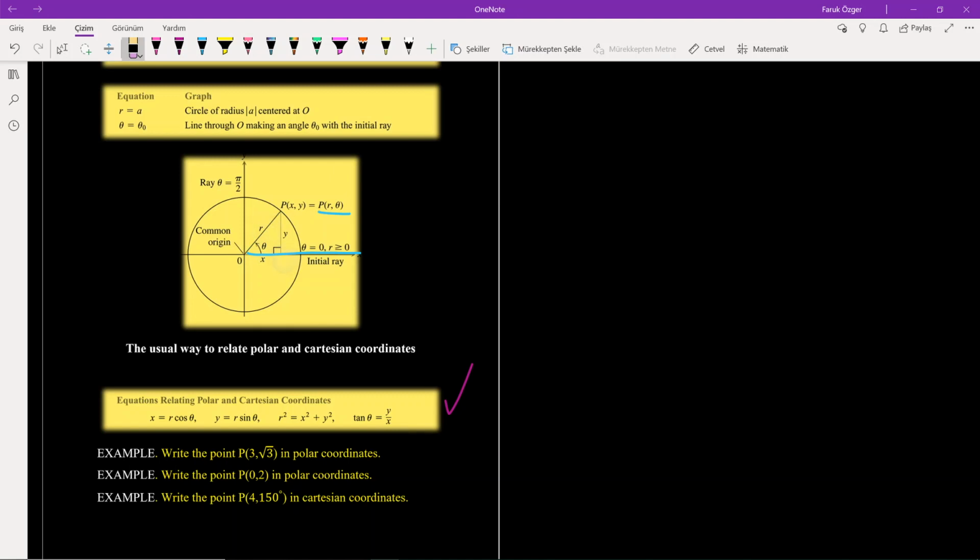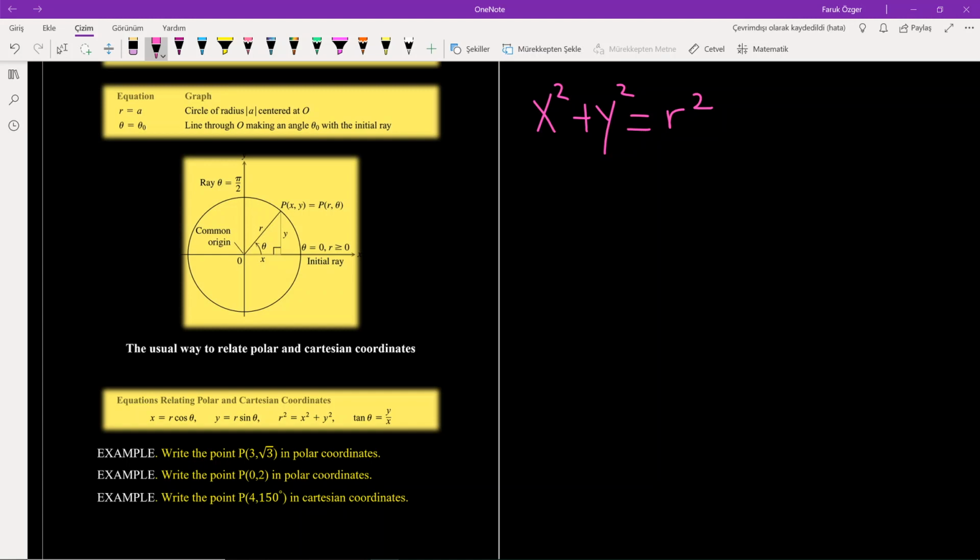From high school, you remember the Pythagorean theorem, which is a squared plus b squared is equal to c squared. So in this case, we have x squared plus y squared is equal to r squared.